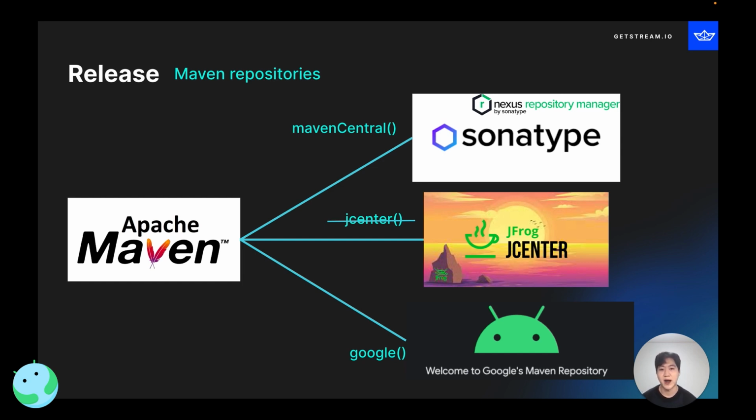There are 3 primary repositories. The first one is Sonatype's Maven Central repository, and the second one is JCenter, which was very popular among library developers, but unfortunately, JCenter shut down their service last year. And Google has their own Maven repository.